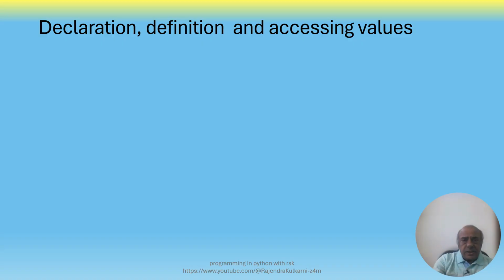How to declare, define and access values in a list, that we see here. We have declared fruits as a list containing these values: string oranges, int constant 150, and so on.